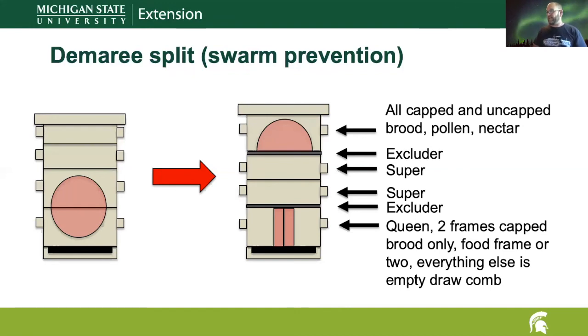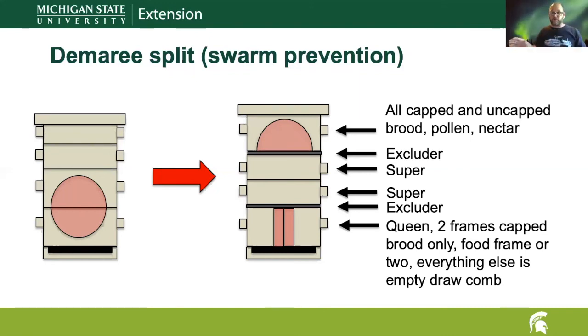All right, in that top box, you put all your capped and uncapped brood, pollen, and nectar. All goes in the top. All that congestion goes right up top. Now, with this arrangement, the queen essentially has plenty of room in the bottom chamber to lay.